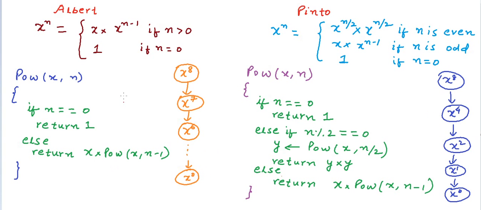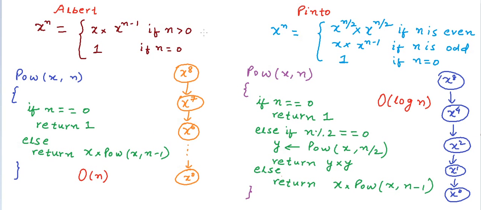And if we analyze the recurrence relation of these two algorithms, then Albert's algorithm, the time taken by it is proportional to n, or it is big O of n, or order of n in terms of time complexity. And Pinto's program is order of log of n in terms of time complexity.